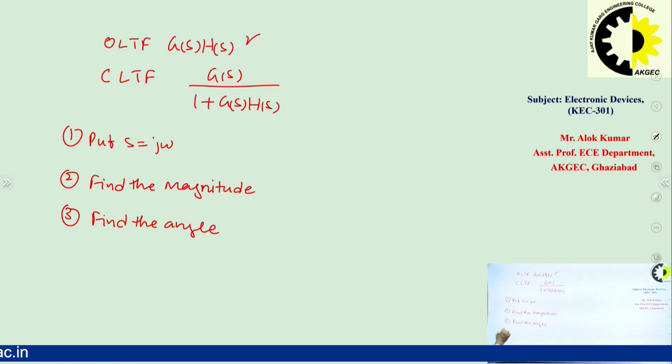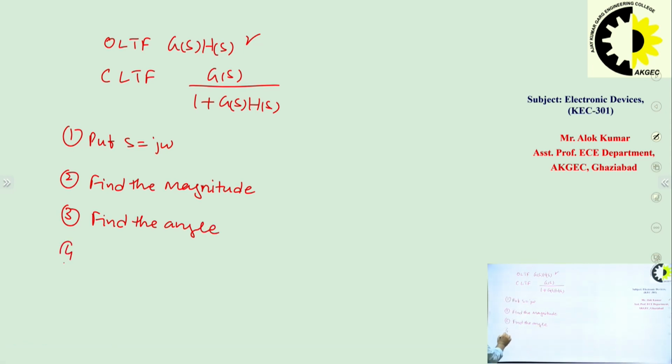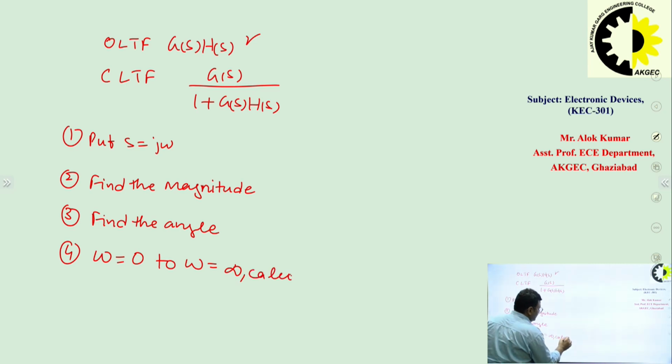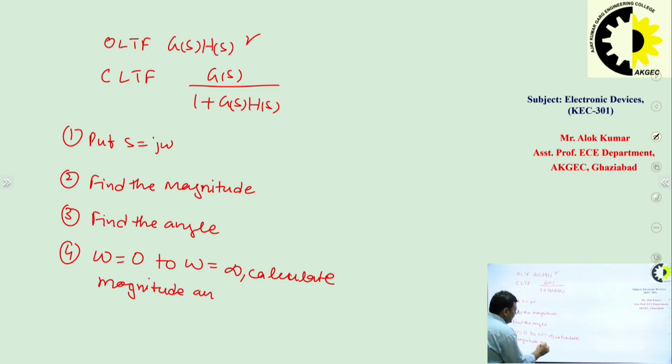The fourth step is to vary the frequency omega from 0 to infinity and calculate the magnitude and angle, and then we can sketch the polar plot easily.